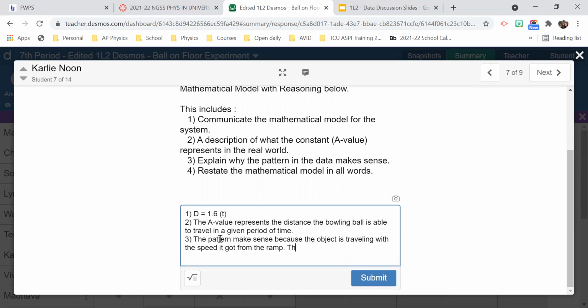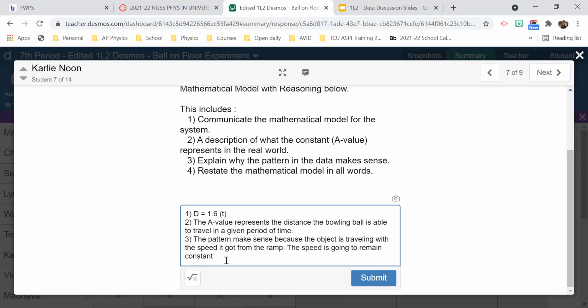The speed is going to remain constant. I don't want you thinking this means constant, like it's not changing, as in the first pattern.